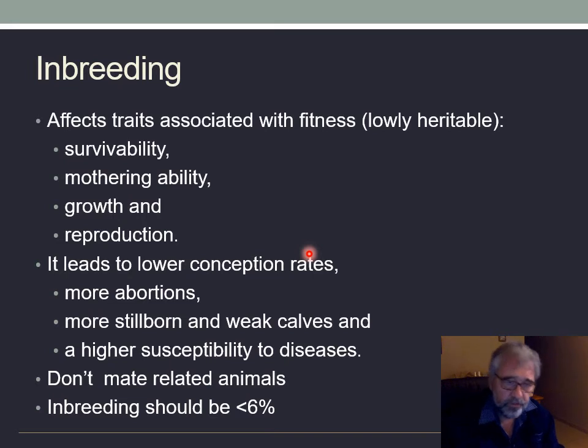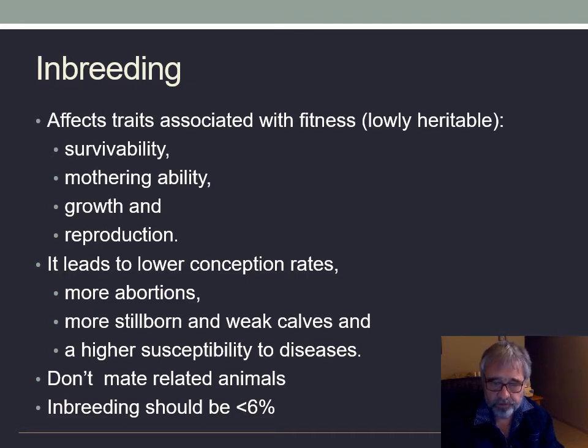It also leads to lower conception rates, more abortions, especially where you have these recessives hiding somewhere in the population, and it only comes out where you make two carriers, and it can even cause prenatal deaths or embryonic deaths. So you can end up with more stillborn and weak calves, and also a higher susceptibility to diseases.